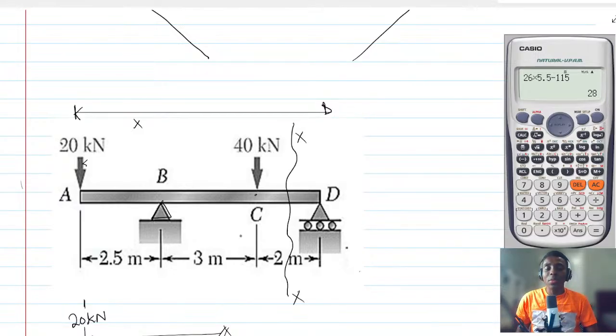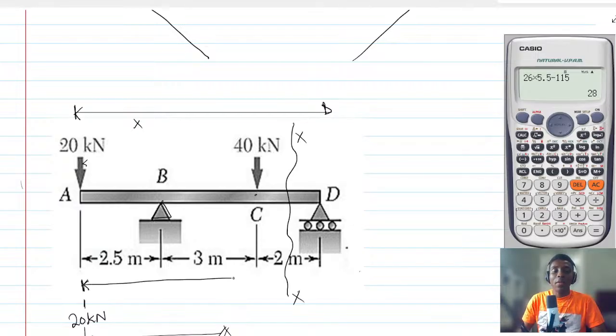Now X is varying from all the way here till we get here.